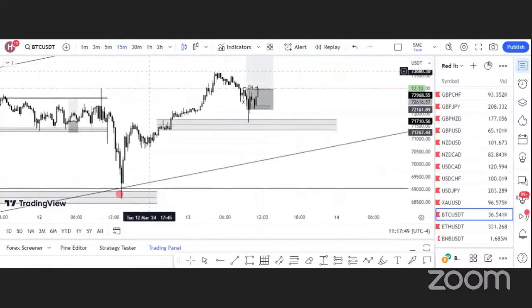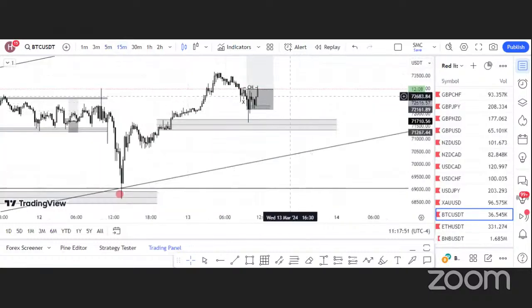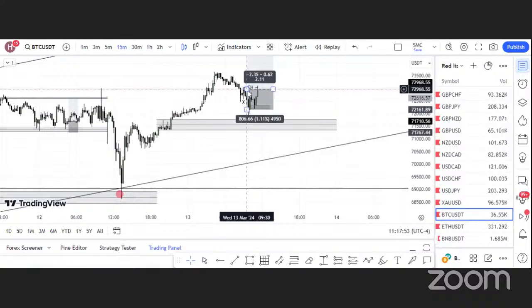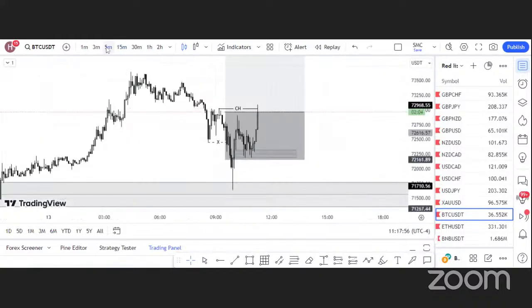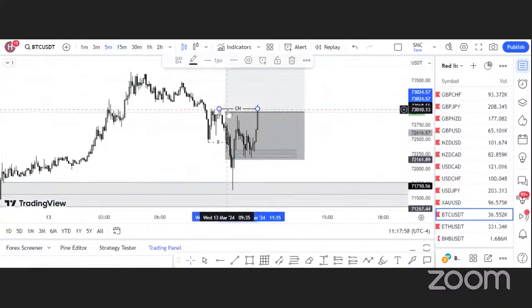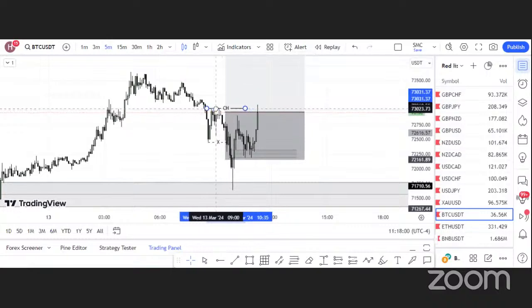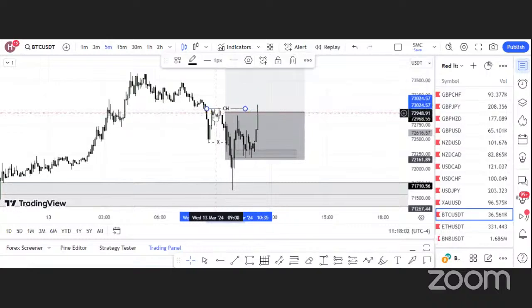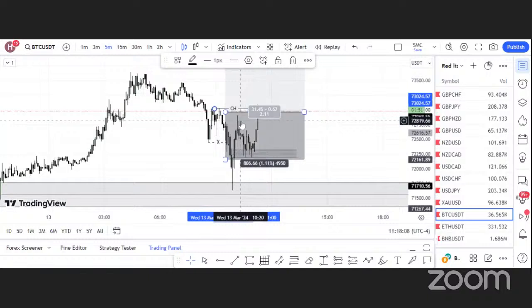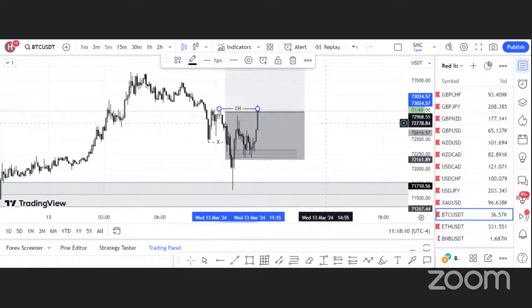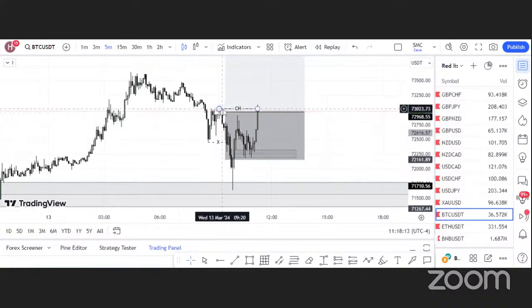Right now I'm not going to place a trade on this, because on the lower time frame, you see here we had a previous downtrend movement from these areas.